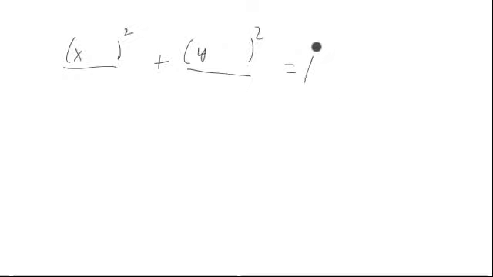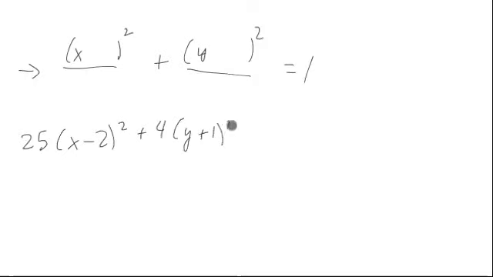This is standard form for an ellipse, and then we know how to graph it from here. But right now, currently, we have 25 quantity x minus 2 squared plus 4 quantity y plus 1 squared is equal to 100. So how do we move from here to here?